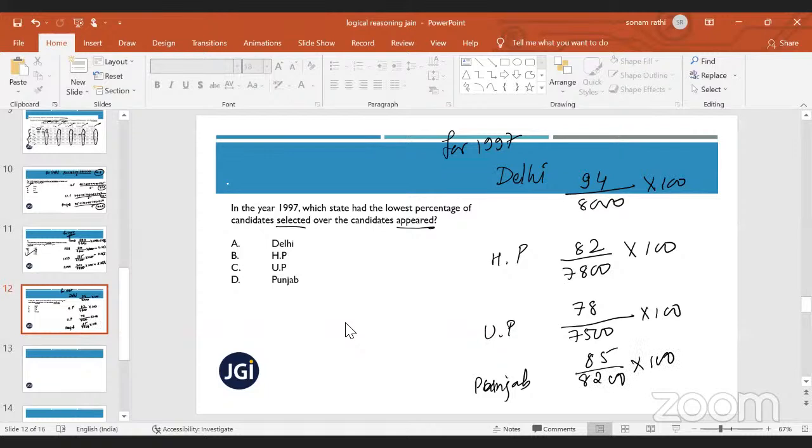You have to calculate this and read the question carefully. Lowest percentage. So which one is the lowest in this?